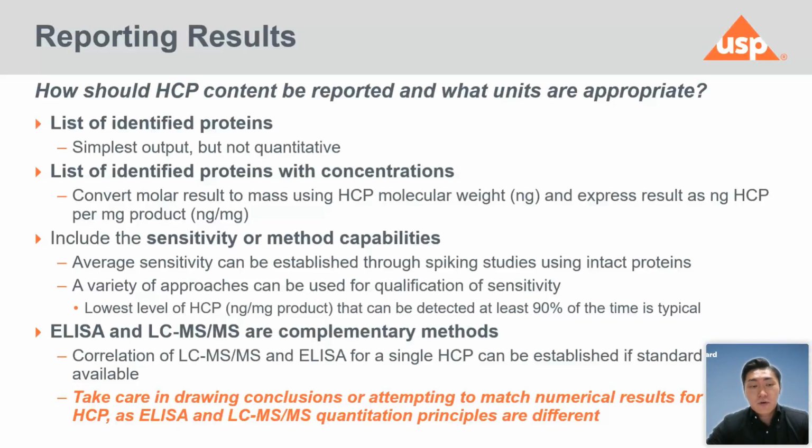So this is a very important part, the last part here, that when you're assessing your ELISA and mass spec, you need to take a very careful approach in drawing conclusions or attempting to match the numerical results for total HCP, as ELISA HCP and LC-MS quantitation principles are very, very different, even though they are complementary.